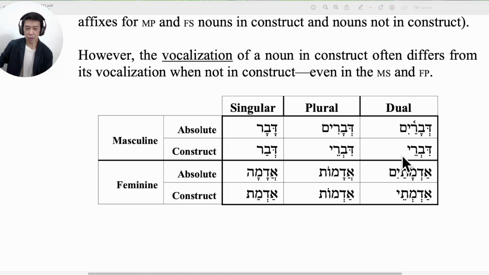For the dual form of a feminine word, from adama, it can become admatayim, and in construct form, the mem is dropped, so it can become admatei.